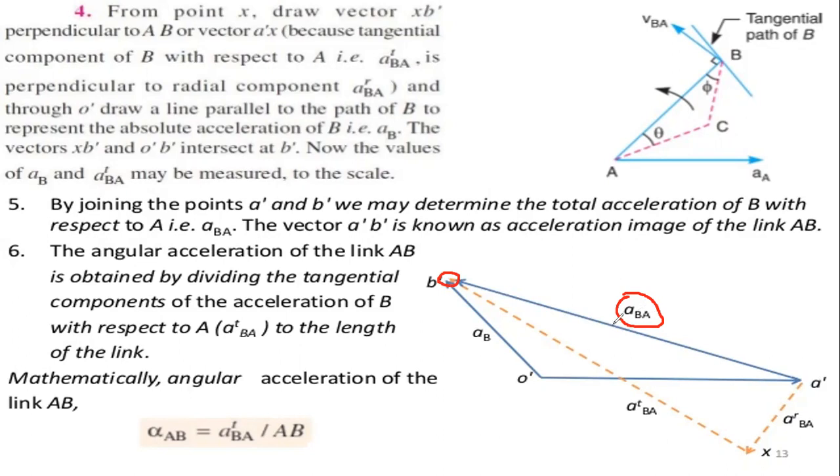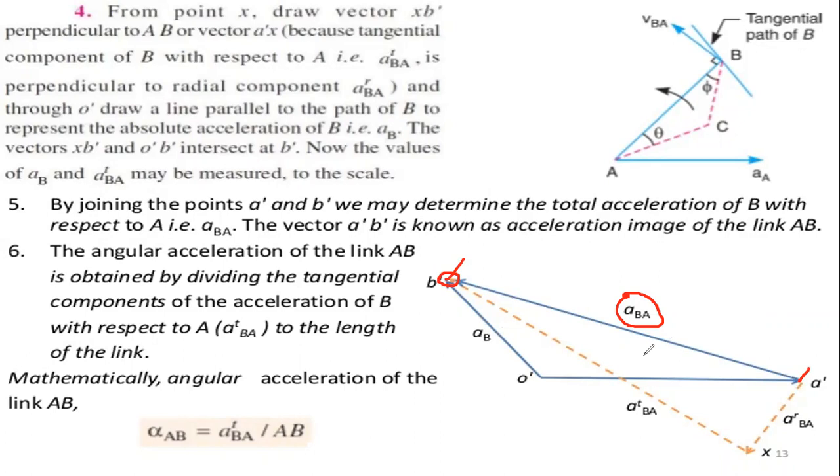The vector A dash B dash is known as the acceleration image of the link AB.